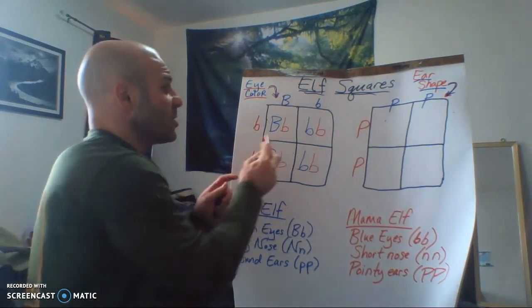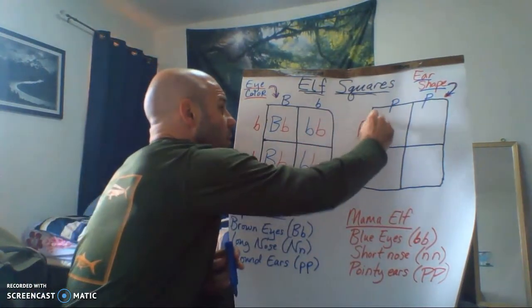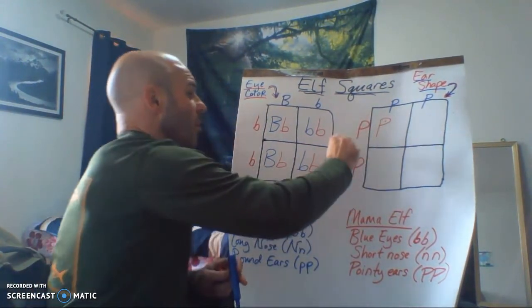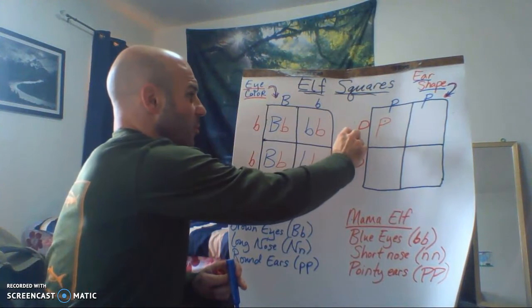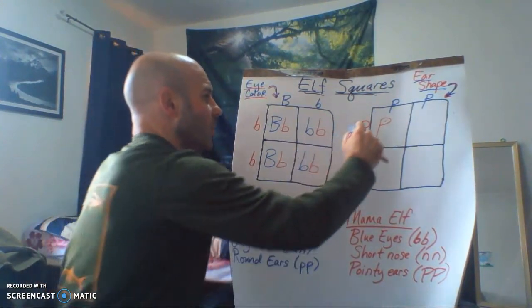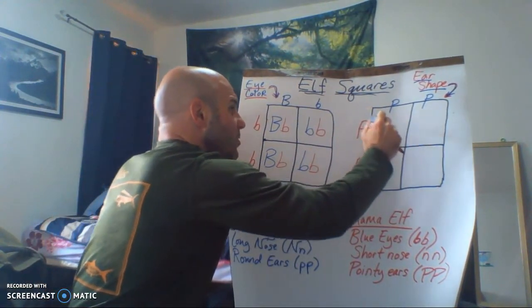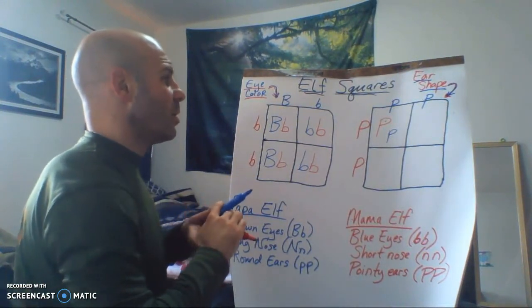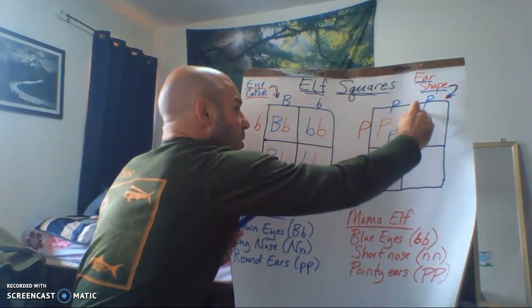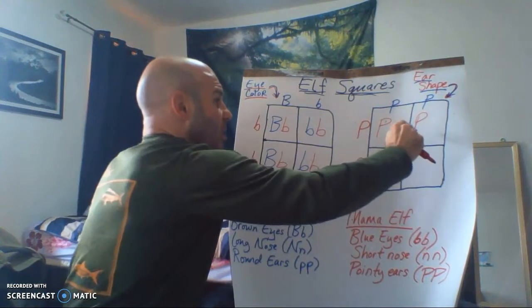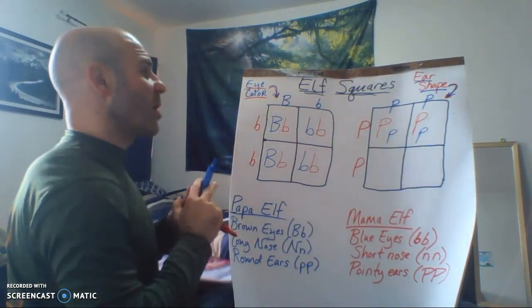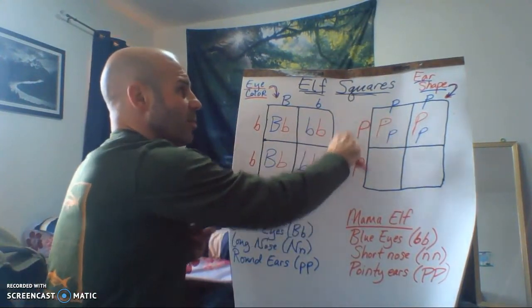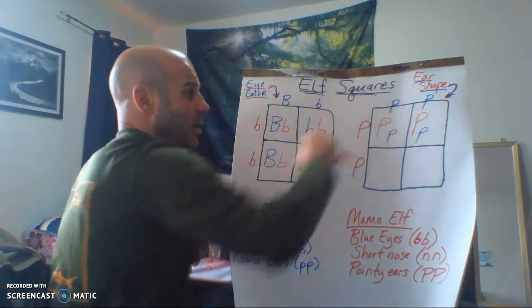So just like in this first example, we combine Mom's dominant capital P with Papa Elf's lowercase recessive p. We're going to do the same thing over here. And you're probably going to notice a pattern right away that Mom has two capital P's, Dad has two lowercase p's.